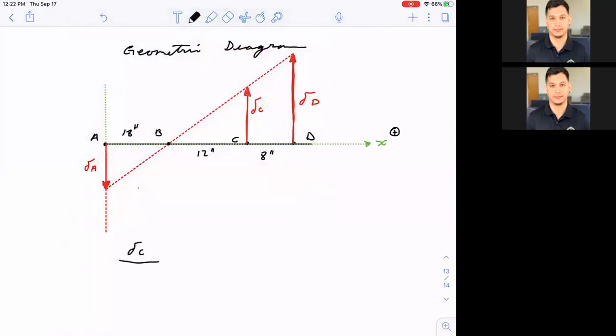DC as a distance divided by this length right here, which is 12, is proportional or equal to displacement at D over the big triangle, so it's going to be 12 plus 8, which is 20.